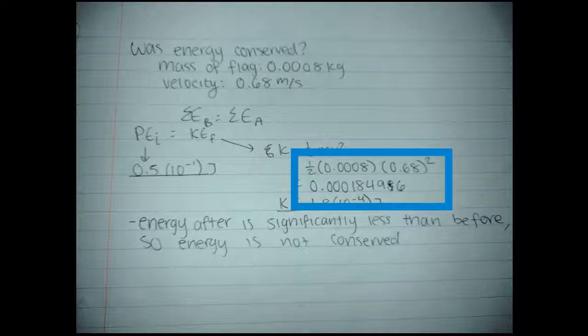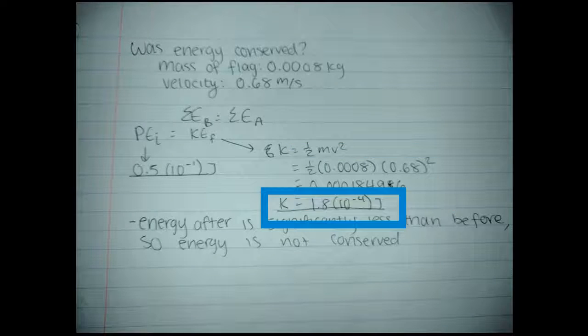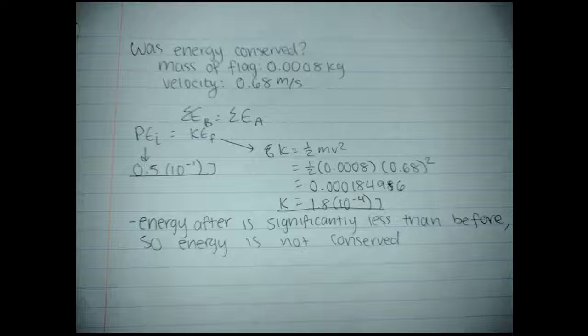First, we found the mass of the flag, which was 0.0008 kilograms, and the velocity of the flag, which we solved in the question before this, was 0.68 meters per second. We plug these numbers into the equation and multiply them out to get 1.8 times 10 to the negative 4th joules. As you can see, this number is significantly less than the sum of the energy before, meaning that energy was not conserved.